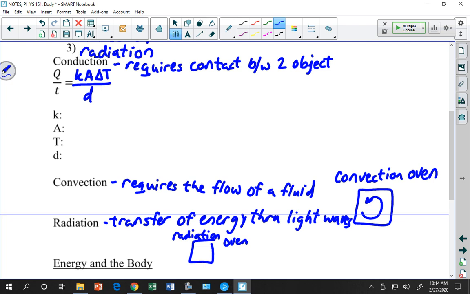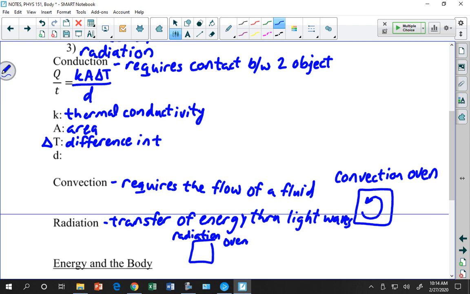So each of these: k is our thermal conductivity. A is our cross-sectional area, I'll just call it our area. T is our difference in temperature, so I'm going to put a delta there. And d is the distance between the objects.